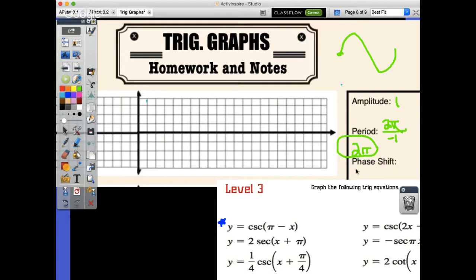Our phase shift is c over b, and we remember that with c over b being the phase shift, c would be, in this case, pi, right? And b would be, total would be -1, okay? So we're going to put -1 in. So what does that mean? That means that when I plug this in, we would get a distance of -pi. But remember, we think of opposite.